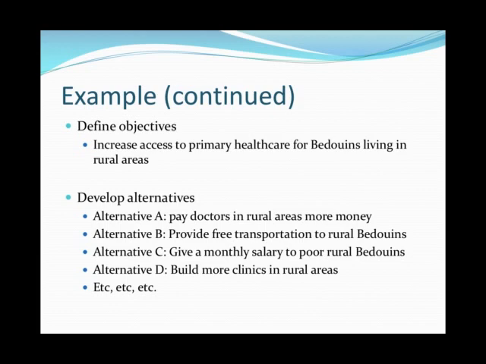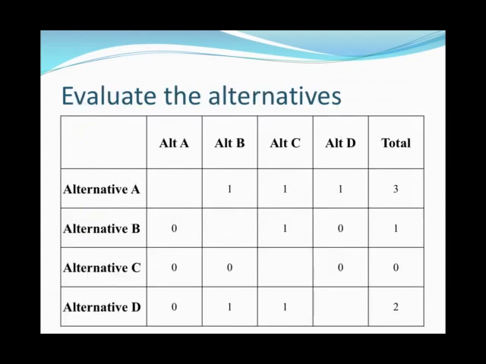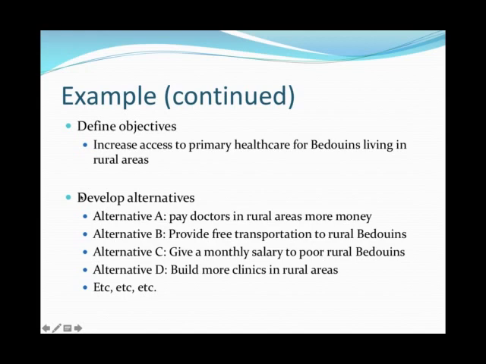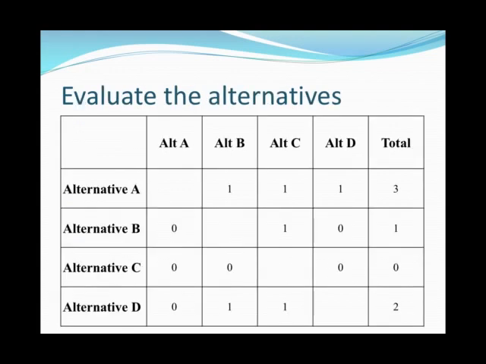Okay, so when I do this matrix, the Thomas Hatties model, for alternative A, meaning we could pay doctors in rural areas more money, if we compare that to providing free transportation to Bedouins, in my opinion, alternative A is better than alternative B, so it gets a 1.